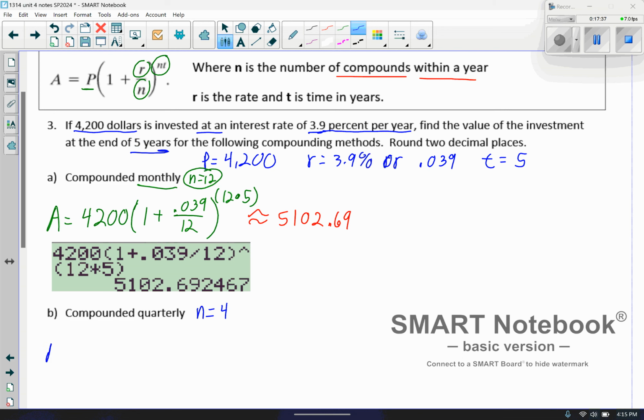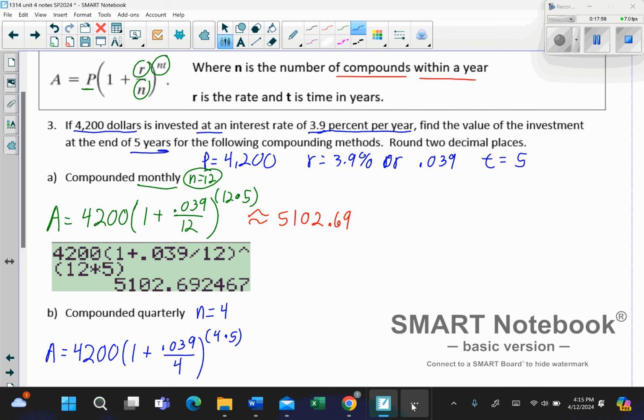And so this one should actually pay out a little less because the previous one was compounding more often. We were doing it every month. This one will do it every 3 months. So let's see, 1 plus 0.039 divided by 4 this time, and then raised to the power of 4 times 5.